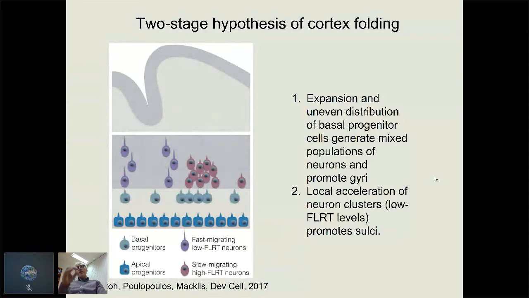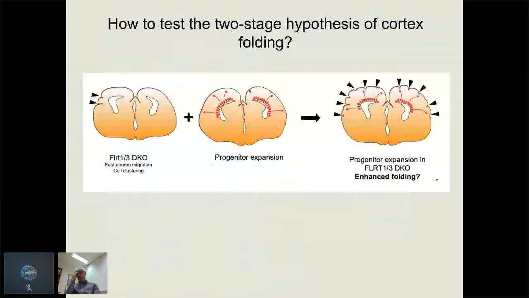And so for the past year or two, I should say, it's a long process, we've been trying to test this two-stage hypothesis. One way for us to test this is to combine our FLIRT double knockout model with other genetic models, for example, that show progenitor expansion.